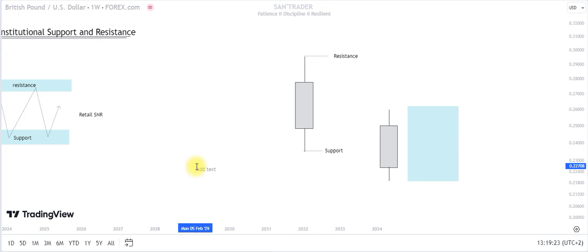So your institutional SNR is equal to your precise price level, which is also known as PPL.